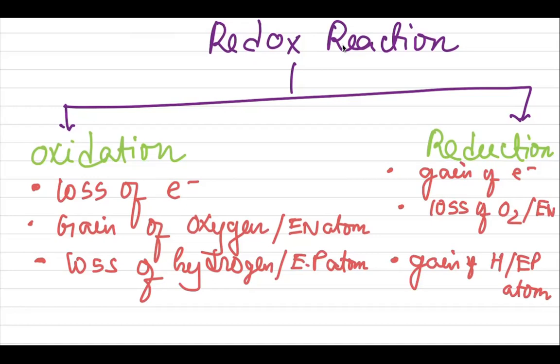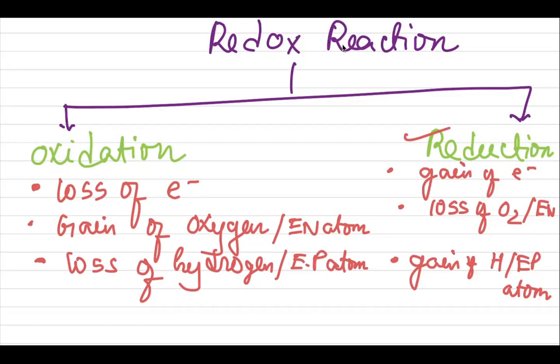Clear or not? Yes, boys. So oxidation is loss of electron or gain of oxygen or loss of hydrogen, whereas reduction will be gain of electron, loss of oxygen, or gain of hydrogen. Clear oxidation and reduction process?